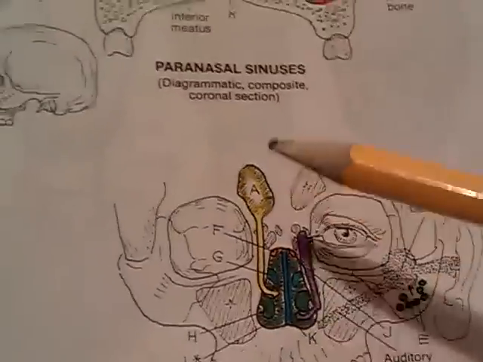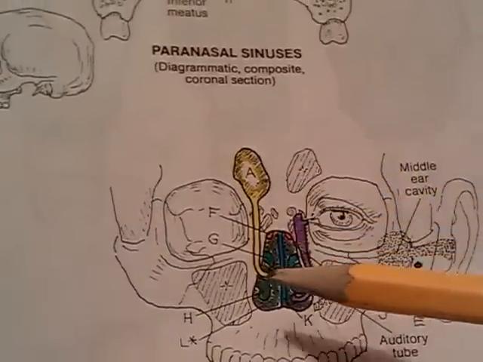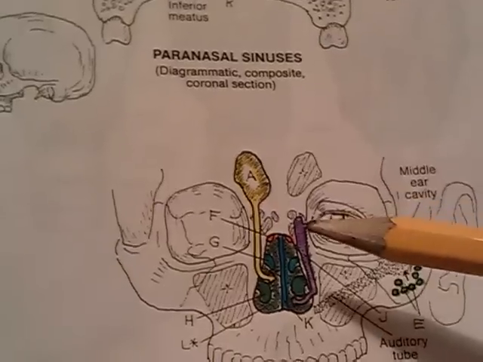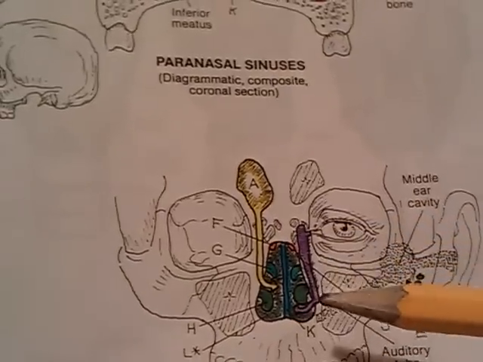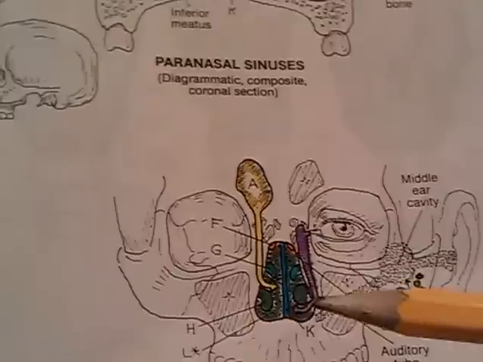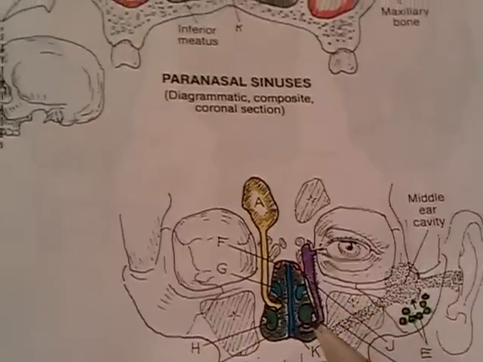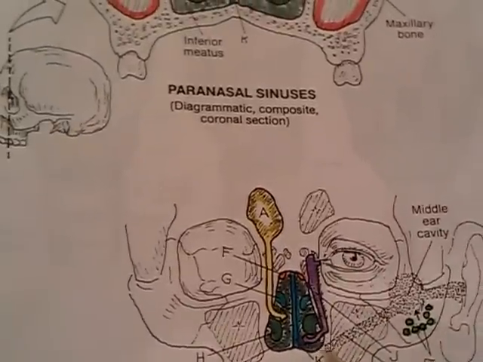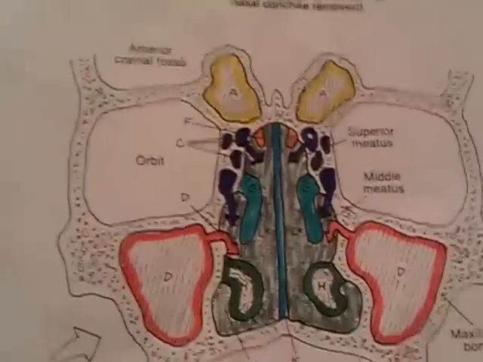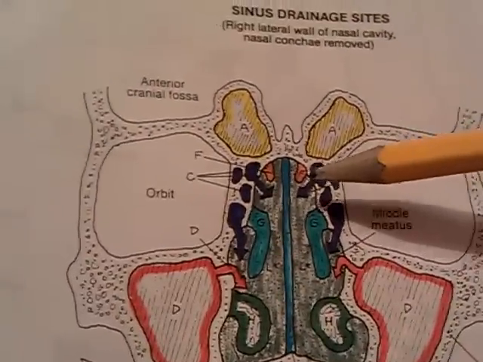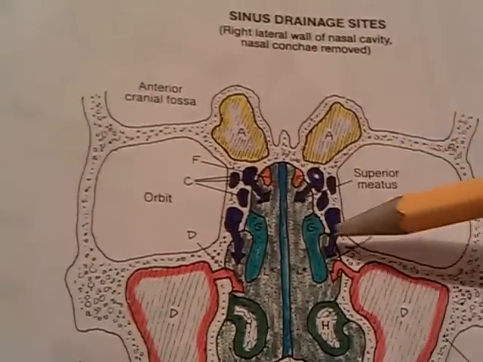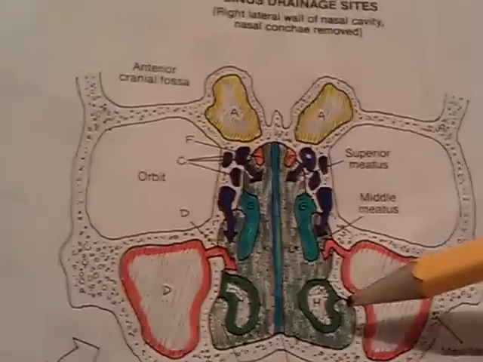Here again you can see the canal from frontal sinus. This is the lacrimal canal, opens into the inferior nasal meatus. And here you can very clearly see the superior nasal meatus, middle nasal meatus, and inferior nasal meatus.